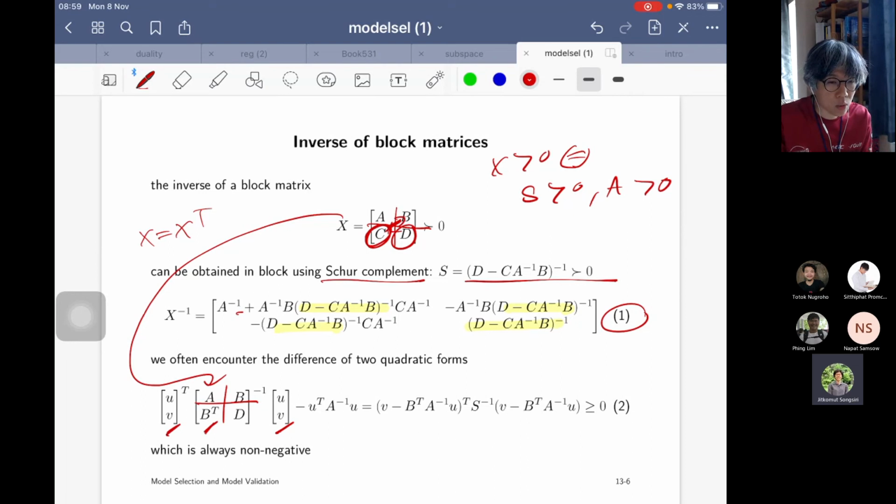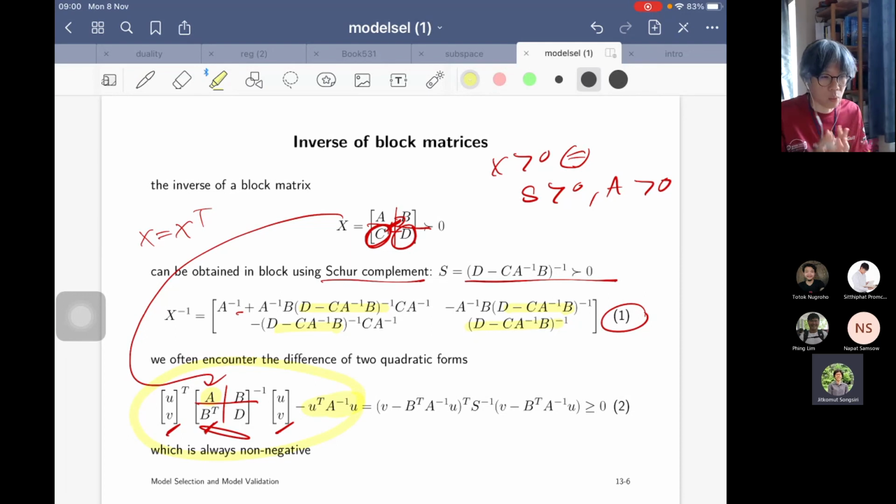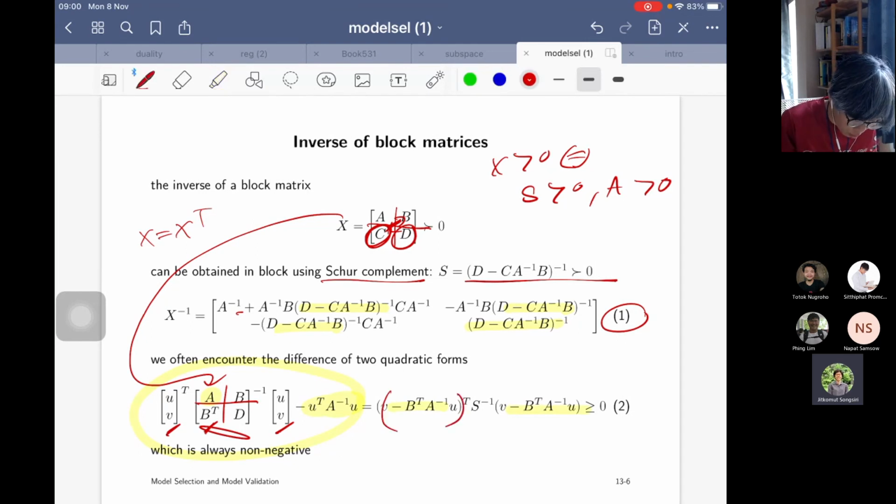This is a quadratic form of the inverse of X. And if I subtract U transpose A inverse U, the 1,1 block inverse, it can be nicely expressed as another quadratic form. You calculate everything and rearrange. This quadratic form is parameterized by S inverse, the Schur complement of X.